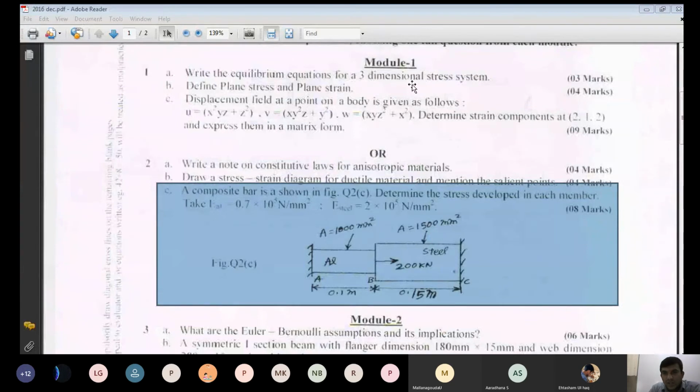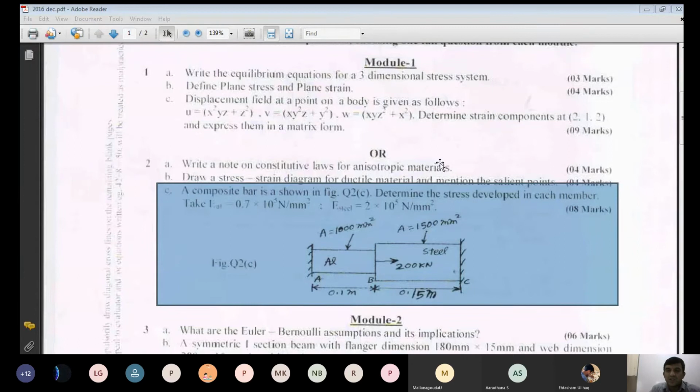The vector sum of all the forces in the horizontal direction is equal to 0.